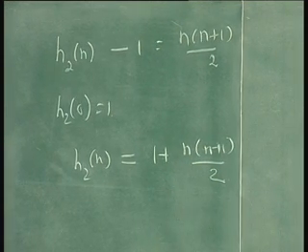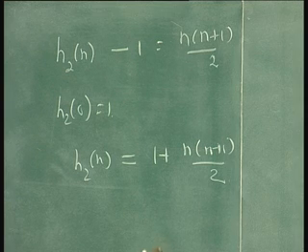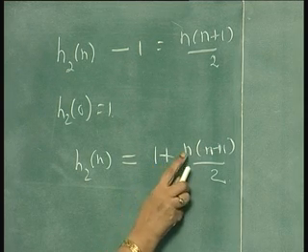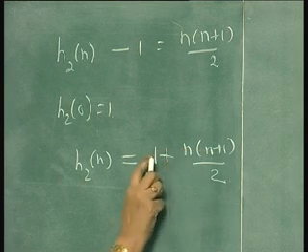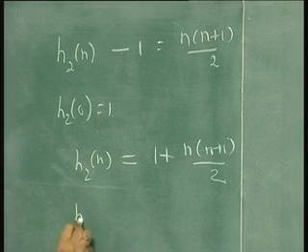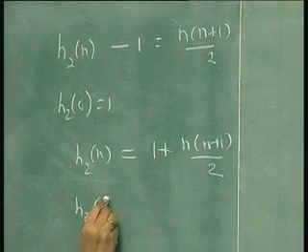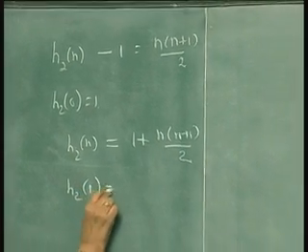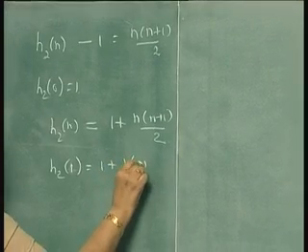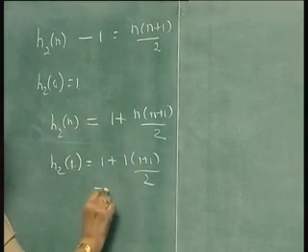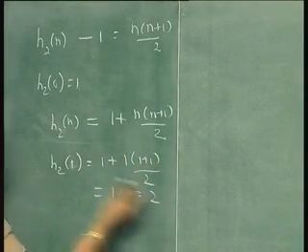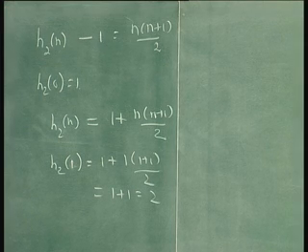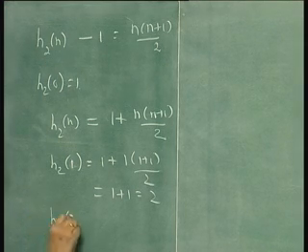Now check the answer with n equal to 1. You put 1, 1 plus H21 will be 1 plus 1 into 1 plus 1 by 2, which will be 1 plus 1 equal to 2, which we have already seen is correct. What about H22?